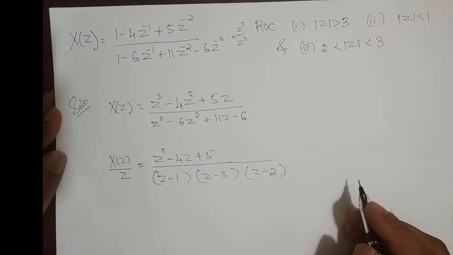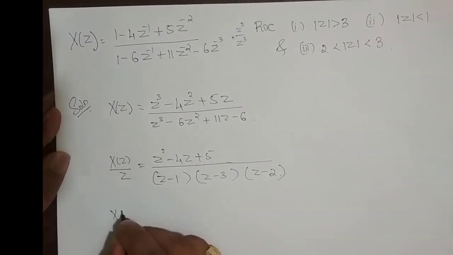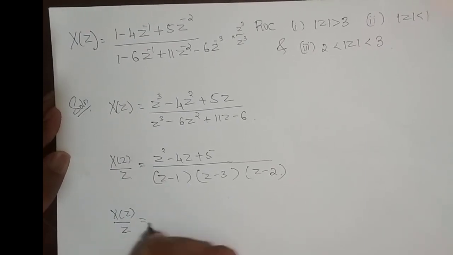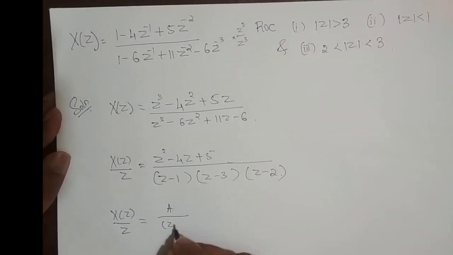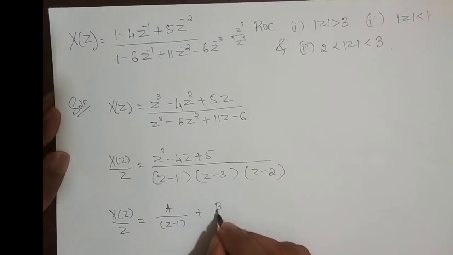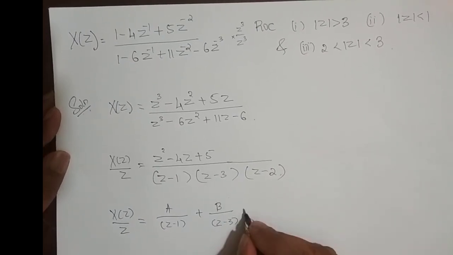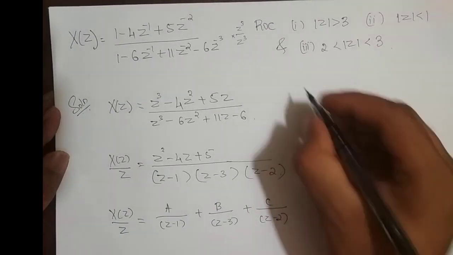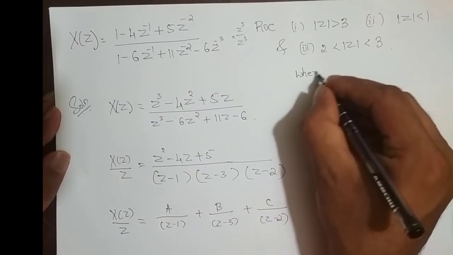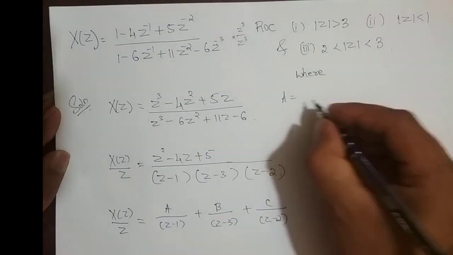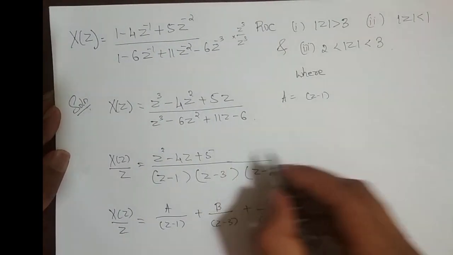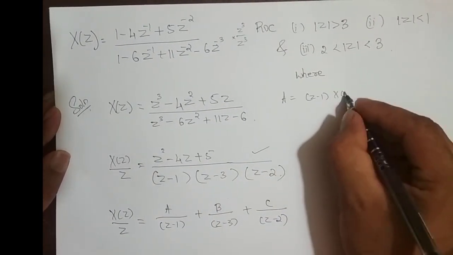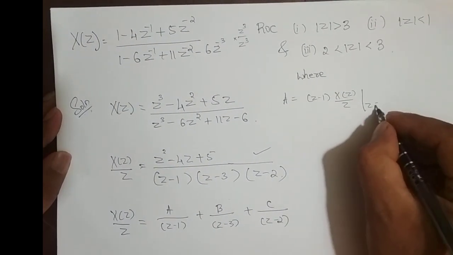So what do we do next? We have to do the partial fraction expansion. X of z by z is A divided by z minus 1 plus B divided by z minus 3 plus C divided by z minus 2, right? What is the formula for A, B, C? A is the denominator of A, z minus 1, into X of z by z at z equal to 1.